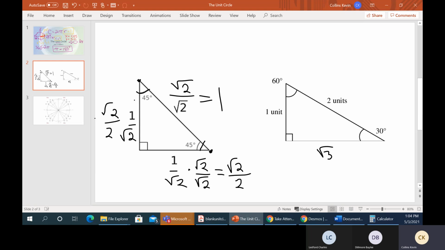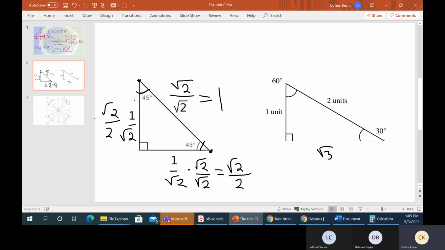Decimals that end are okay, like 1/2 would be 1 divided by 2 is just 0.5. That's easy, right? Well, these guys don't do that. So if they want the exact answer, they want this. Anything else is considered an approximation. Okay? But I'm going to show you how to use your calculator to recognize these numbers.